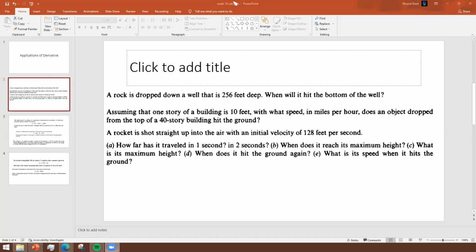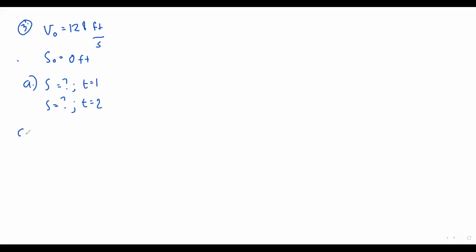At what time will it reach its maximum height? So, paano natin ngayon malalaman yung maximum height niya? Okay? Malalaman natin yung maximum height niya once na yung velocity niya is equal to 0. Diba? Technically, you will reach your maximum height once na yung velocity mo is equal to 0 na.